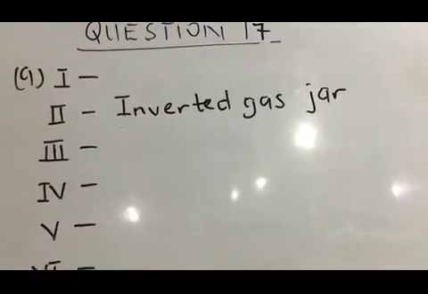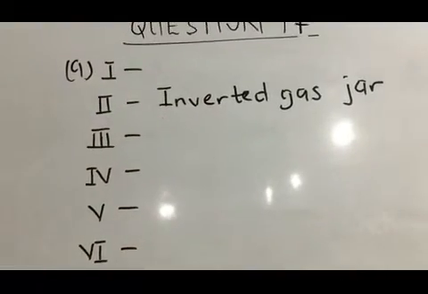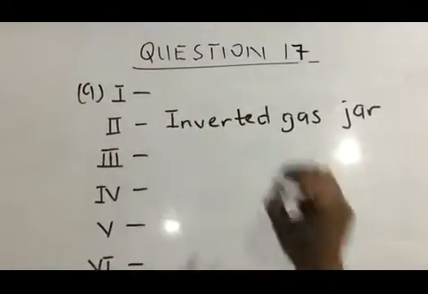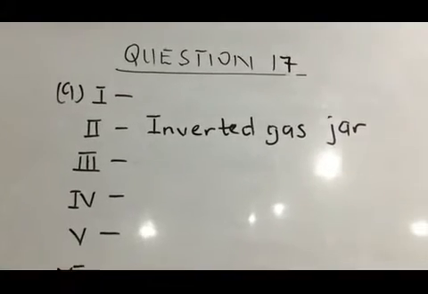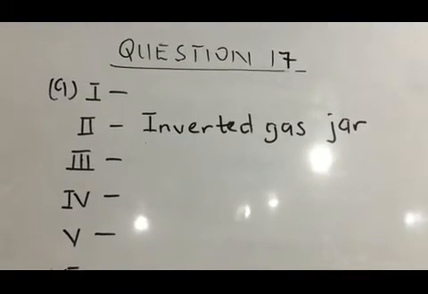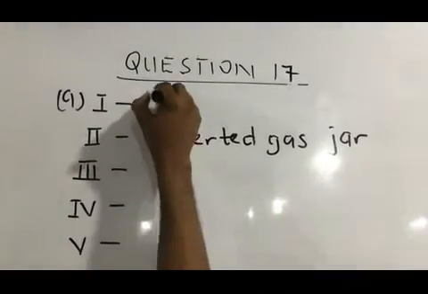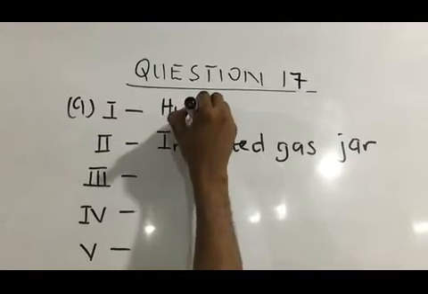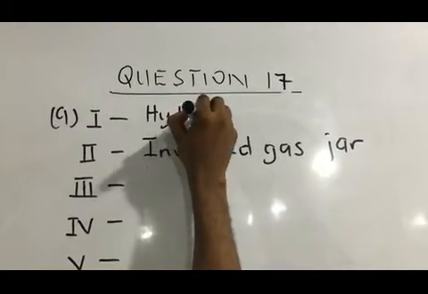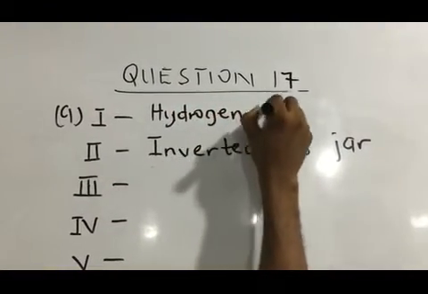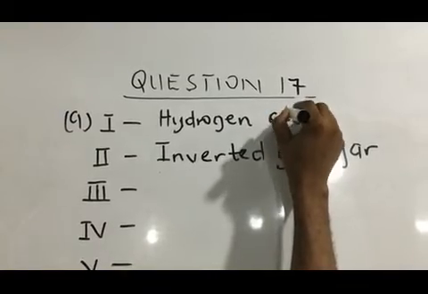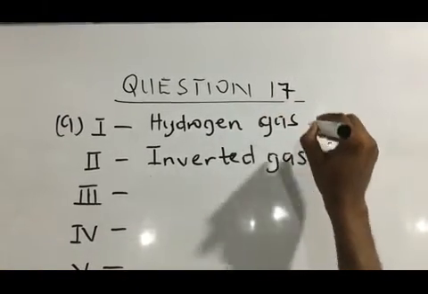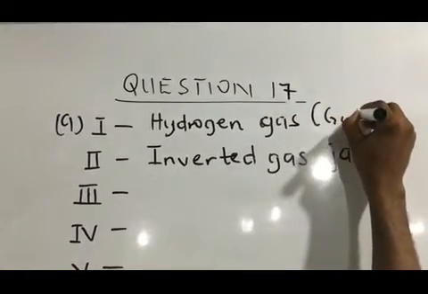Now your I is the gas that is collected. So as I said, the gas that is being produced is hydrogen gas. So that is hydrogen gas. That's gas collected.